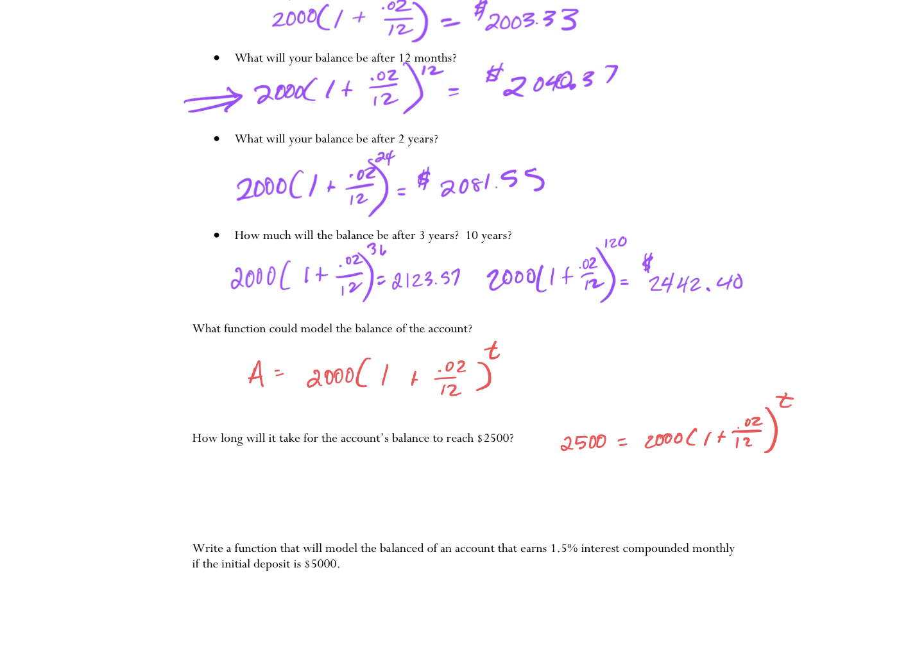I think we should divide by 2,000 first. I think so too. If we divide by that 2,000, we're going to get 1.25 equals 1 plus 0.02 divided by 12, all to the t power.